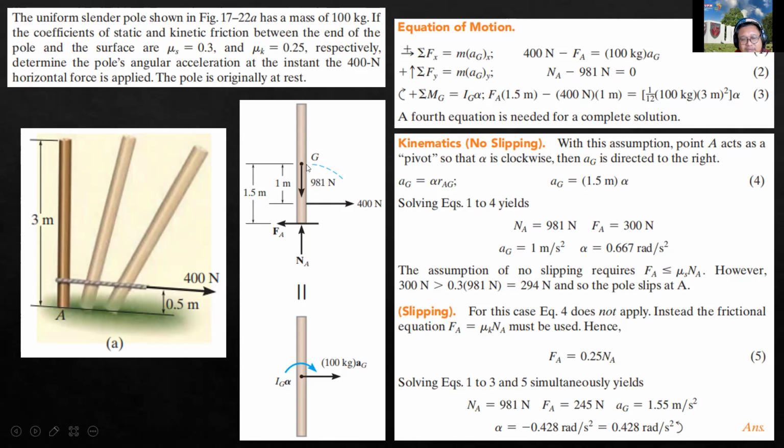Minus because if you apply this 400 Newton, this pole tends to rotate in the counterclockwise direction. So that's why you have a minus sign.